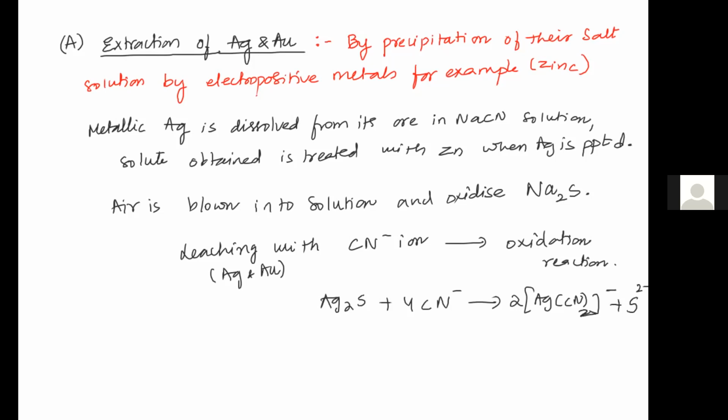Next, the same 2 Ag(CN)2 minus will be reacted with zinc solid, and I have Zn(CN)4 2 minus plus Ag. This is how we get the silver.